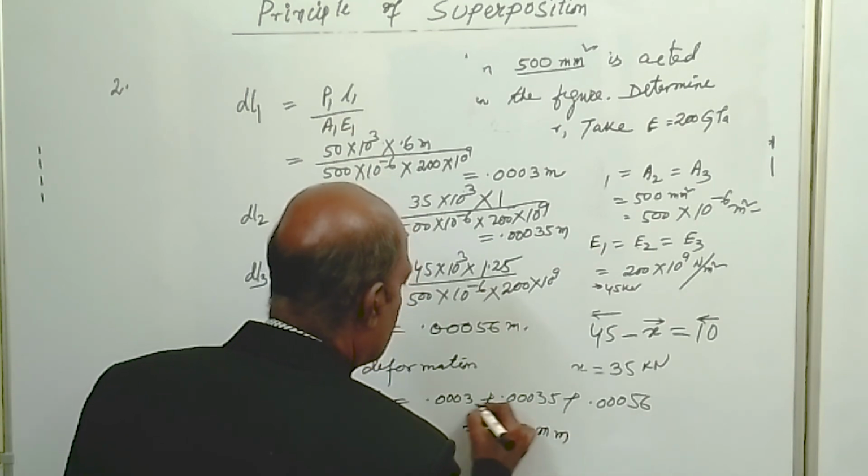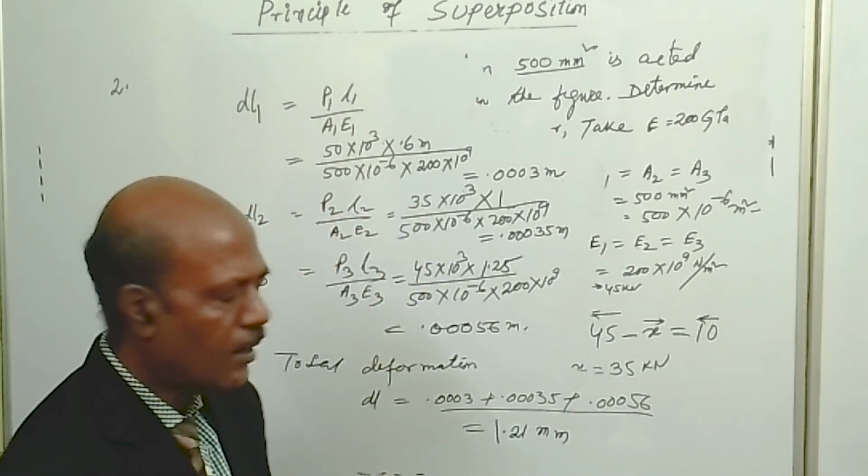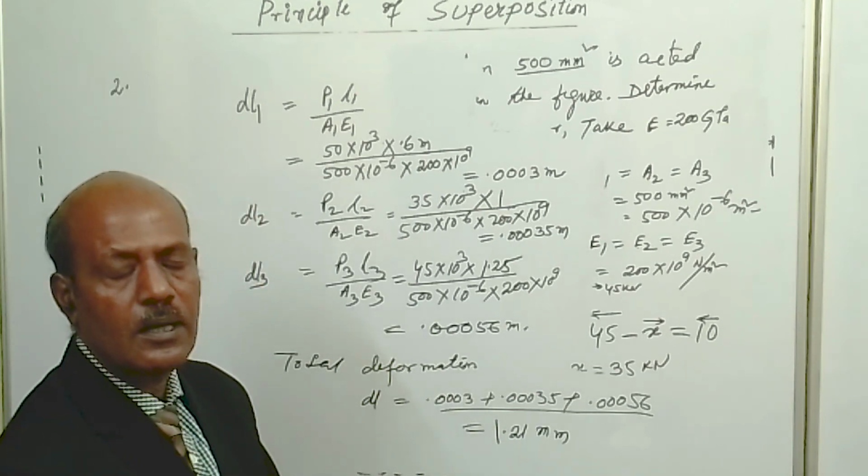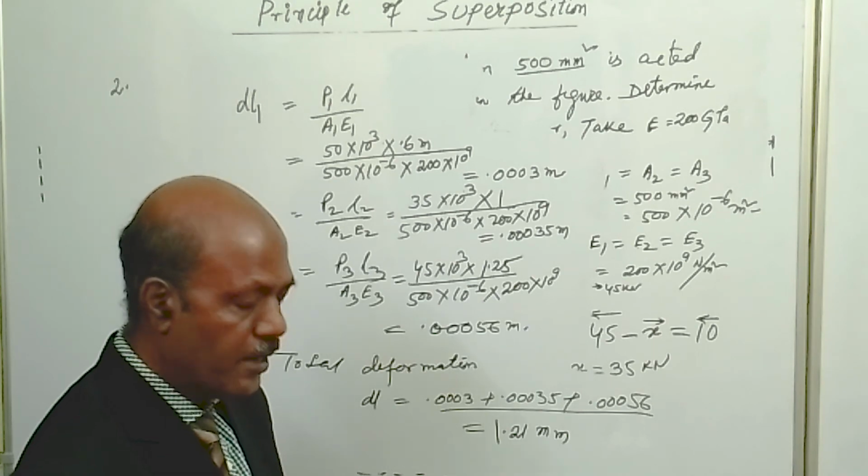So it is in meter. Now convert it to millimeter. So the total deformation produced in the bar is 1.21 millimeter.